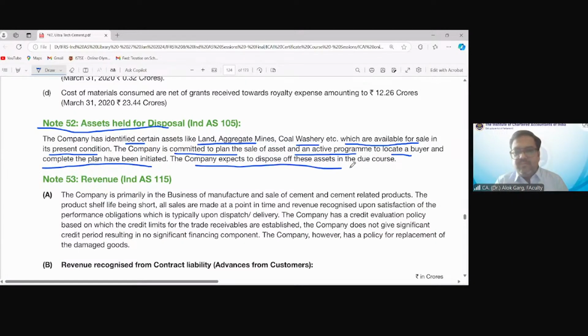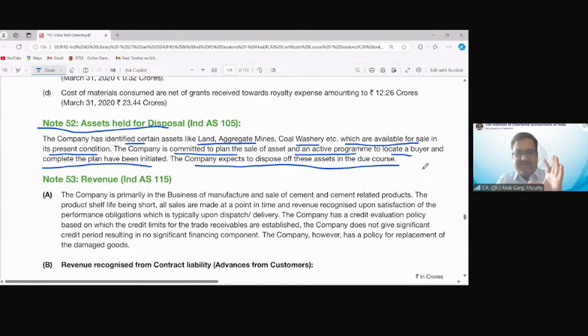The company expects to dispose of these assets in due course. Does this sound familiar, or not? Is it something which you have heard? Heard.